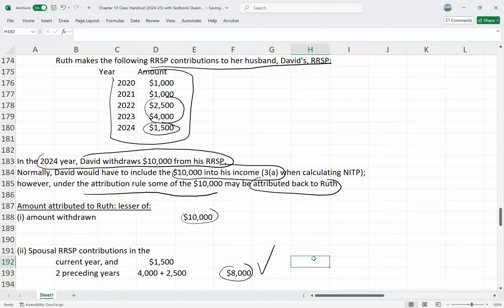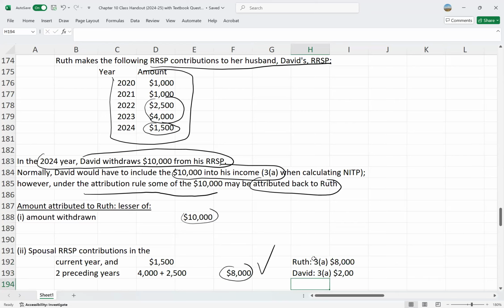So even though they thought all of it would be taxed under David's name because he's in a lower tax bracket, Ruth will have to include in 3A 8,000, and David will only be including 2,000, the remainder.